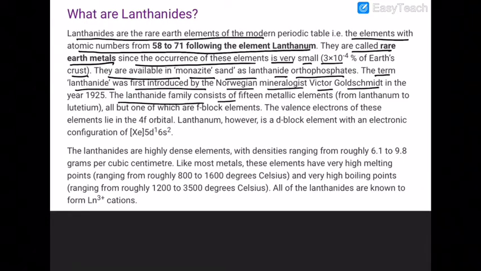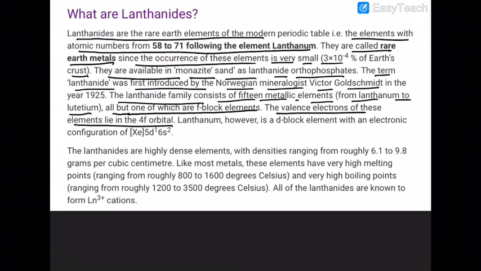The lanthanoid family consists of 15 metallic elements from lanthanum to lutetium, all but one of which are f block elements. So definitely lanthanum is not an f block element. The available electrons of these elements lie in the 4f orbital. Lanthanum, however, is a d block element; its valence shell configuration is 5d1 6s2.